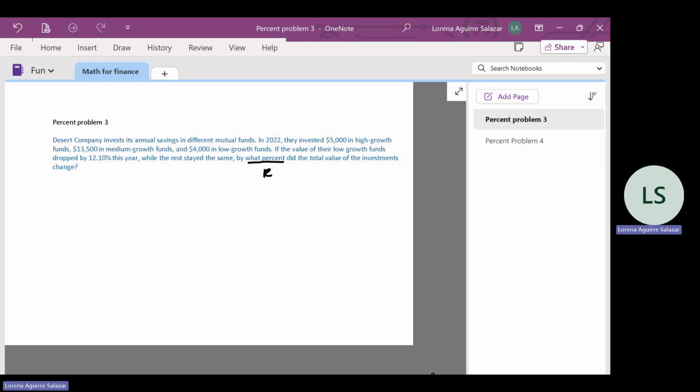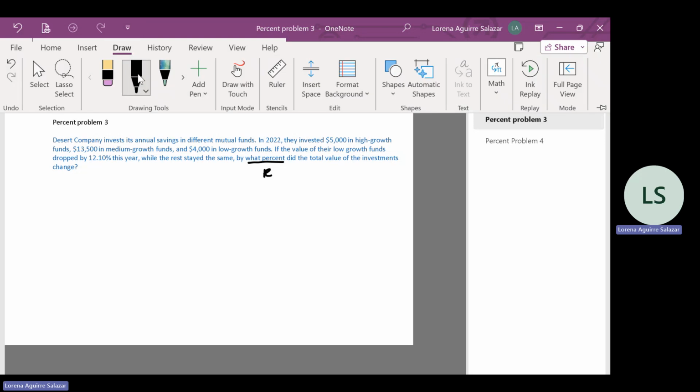So we need to work with the total value of investments in 2022, the total value of investments in 2023, and compare those values to find the rate, the percent that created this change in the total value of investments.